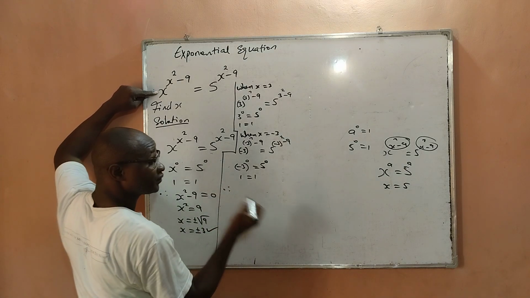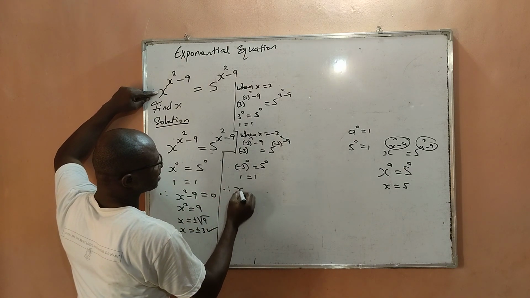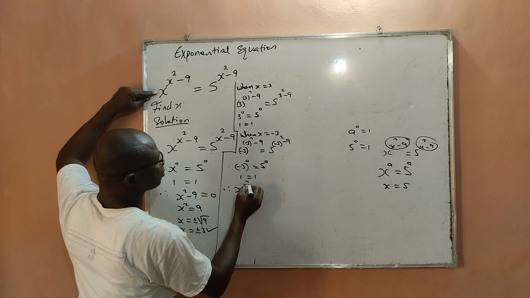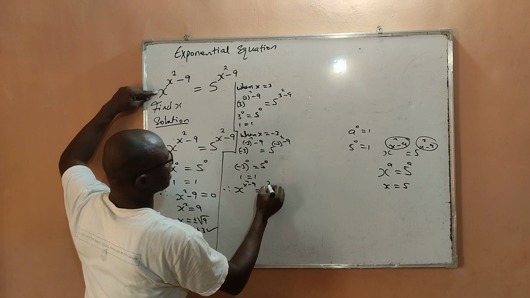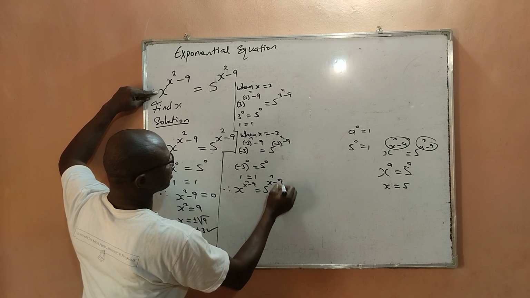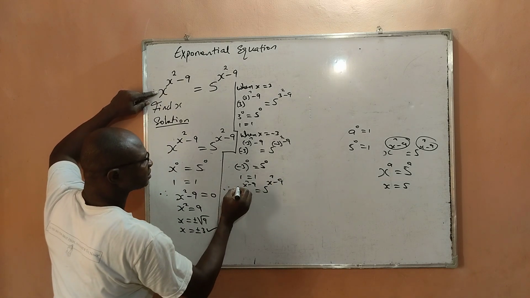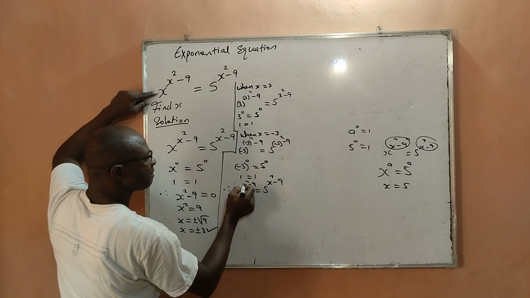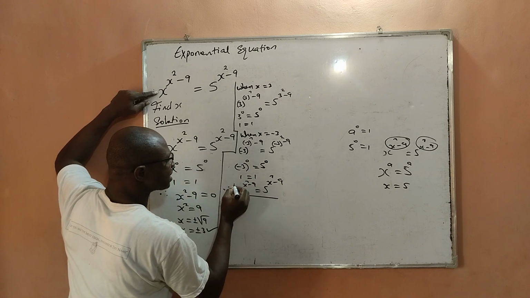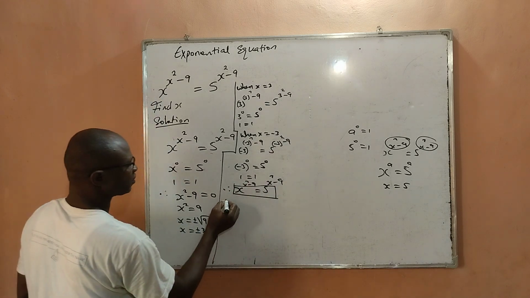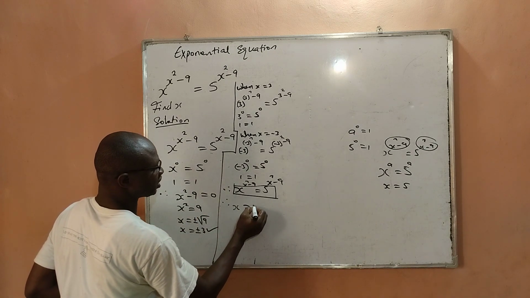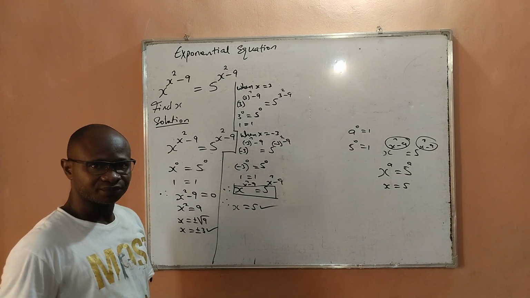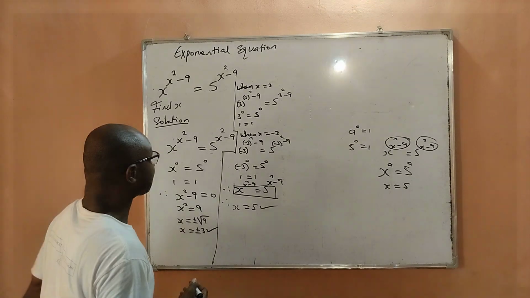Therefore, the third value of x, because these powers are equal, x now is equal to 5. We now say that the third value of x is equal to 5. Now we have gotten 3 values.